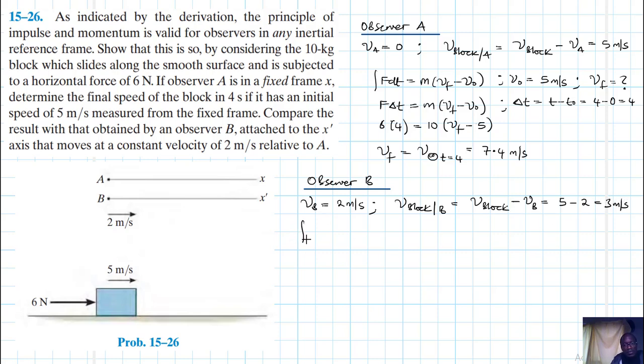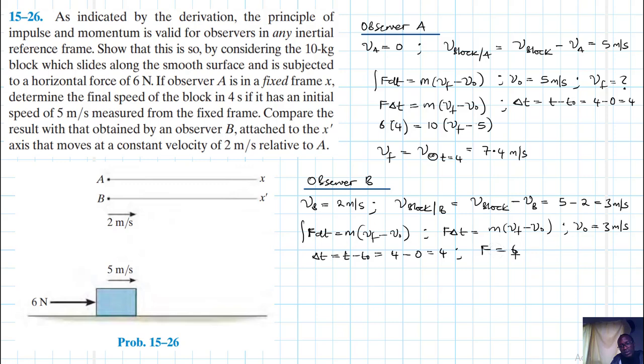Okay, so again we say the integral of F dt is just equal to m (v final minus v initial), but we can write this as F delta t equal to m (v final minus v initial). Our v initial here just becomes 3 meters per second, and everything else remains the same. Our delta t is t minus t naught, which is 4 minus 0, which is equal to 4, and we do have F equal to 6 and m equal to 10.